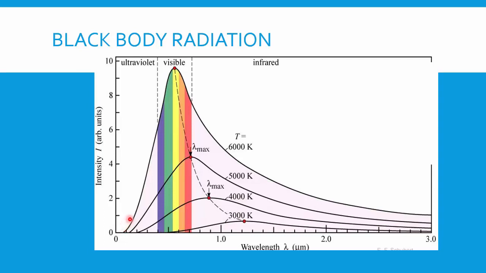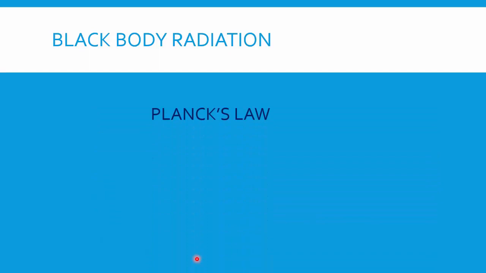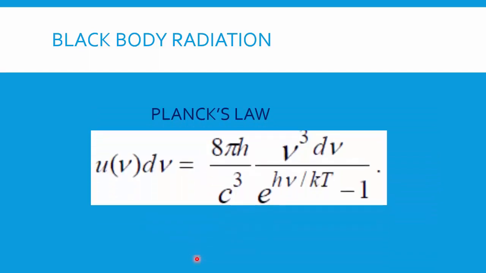He could explain the increasing part, that means the lower wavelength region, and Rayleigh and Jeans could explain the decreasing part of the curve, that means the higher wavelength region. But neither group could explain the entire curve. So Planck, with his new idea of quantum physics, could explain this curve, and from there onwards quantum physics was developed, and Planck's law was also developed from this well-known experiment of black body radiation.